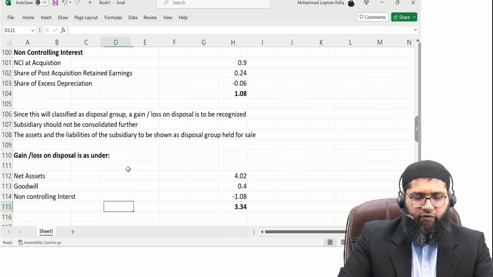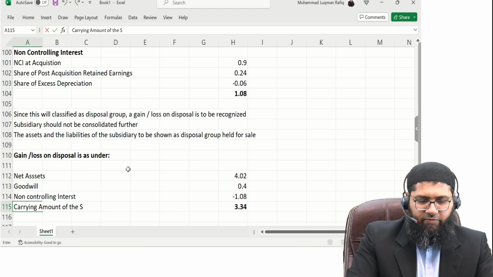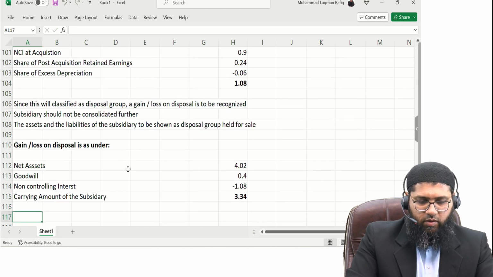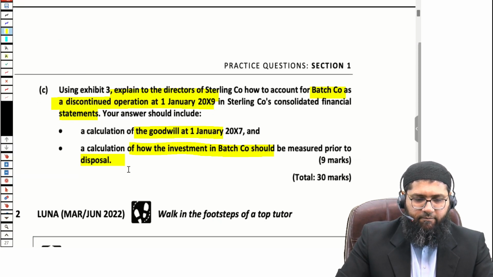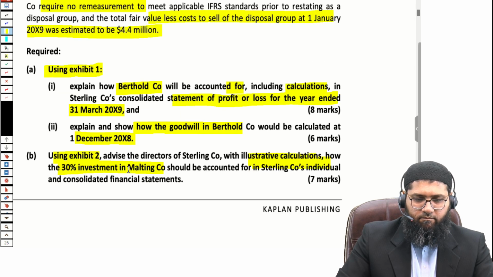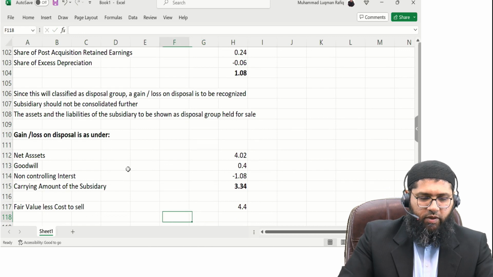Hence 3.34 is the carrying amount of the subsidiary. The fair value less cost to sell is 4.4 million.